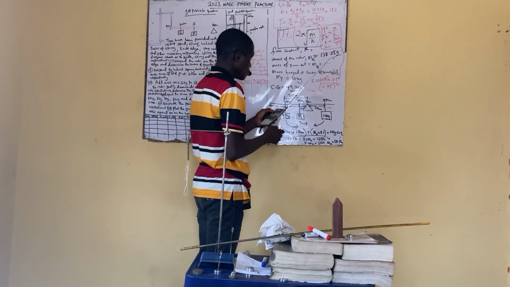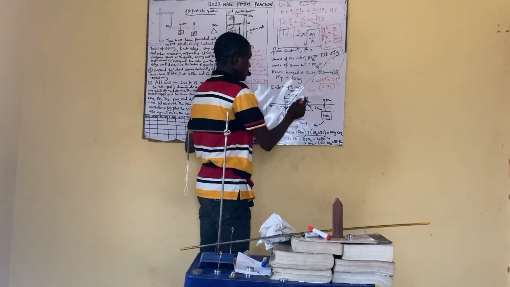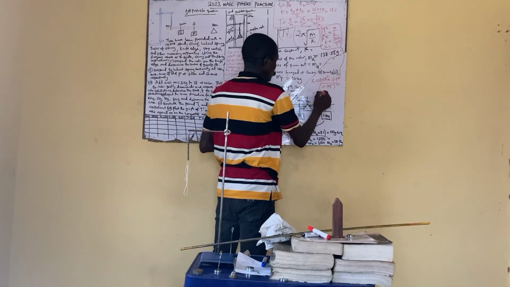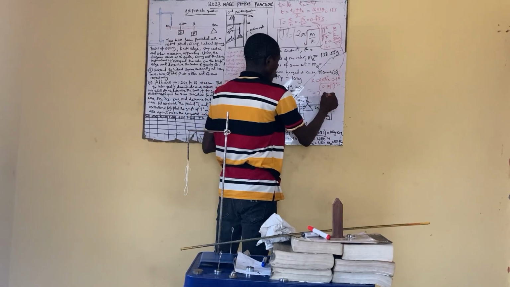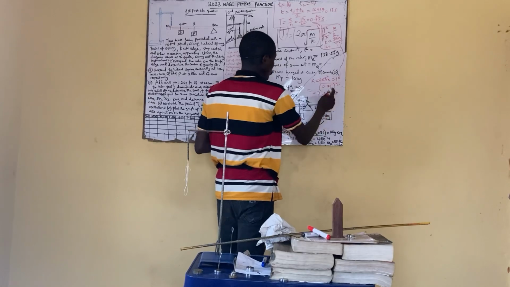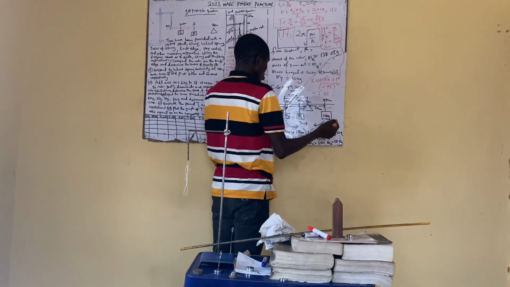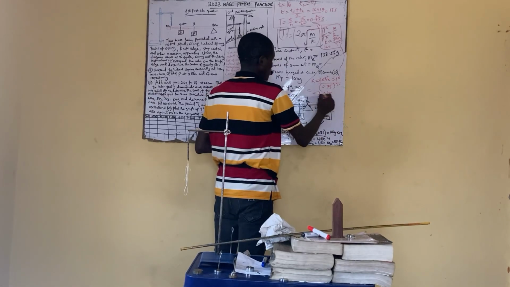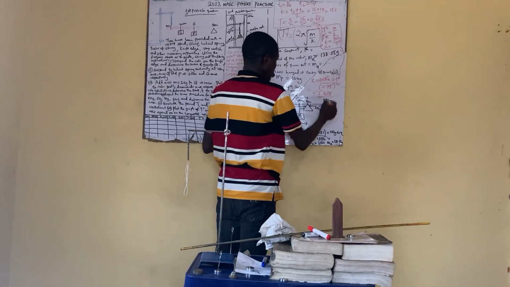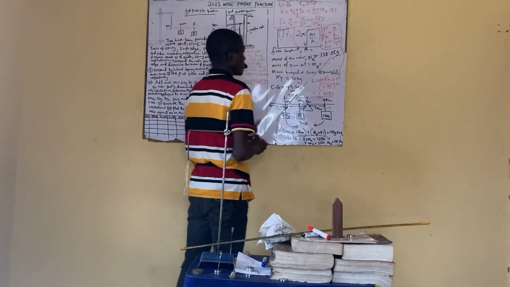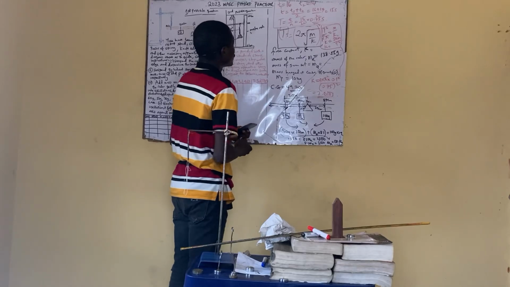So my K here is 7.01, then 0.183. So that's my first constant from making this sort of formula.